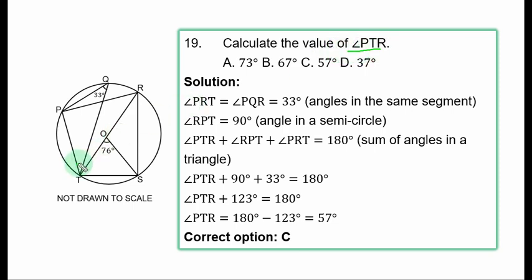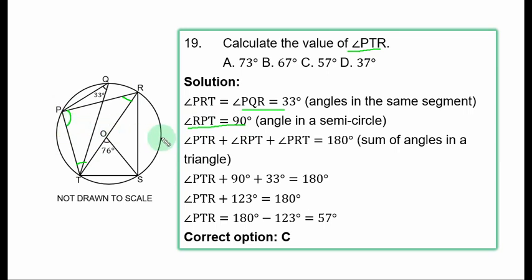That is the whole of this angle. We have a triangle there, that is PRT is a triangle. Now this angle PRT is equal to PQT, that is 33 degrees, angles in the same segment. RPT is equal to 90 degrees, because ROT is a diameter, we have this angle as angle in a semicircle, so the value is 90 degrees.